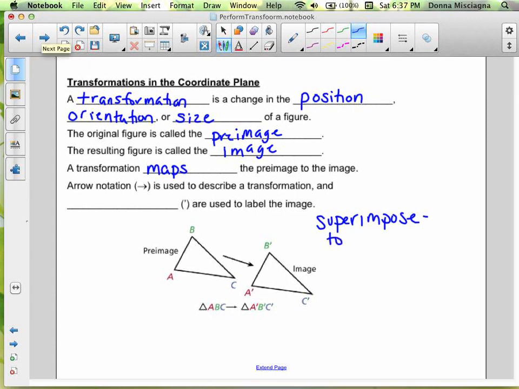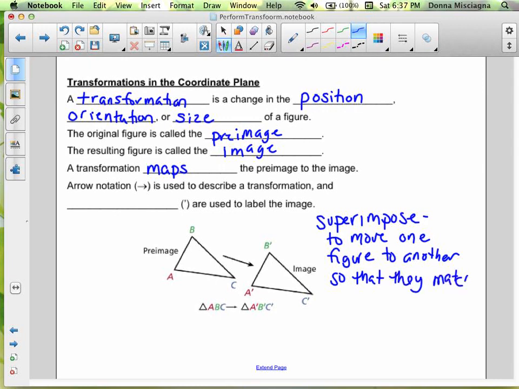It means to move one figure to another, so that they match exactly. So when we map the pre-image to the image, we are superimposing the pre-image to the image. We're moving one figure to the other so that they match exactly.